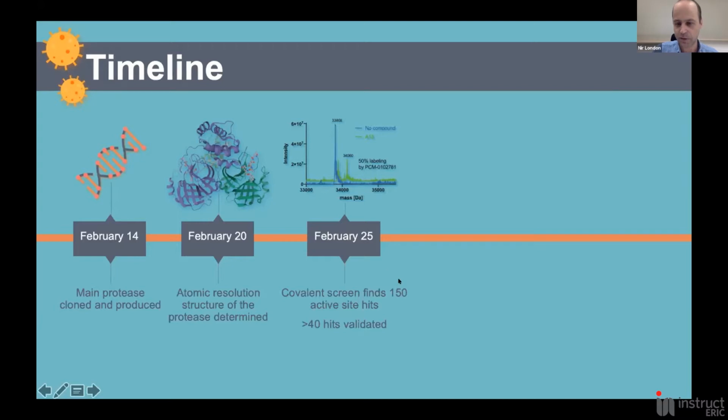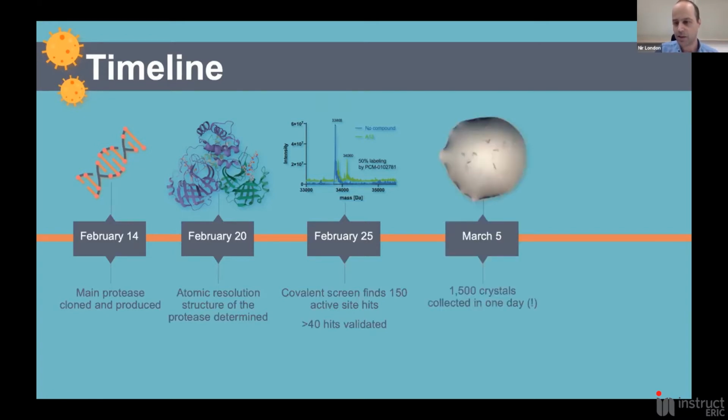About 150 of the 1,000 compounds showed labeling to the target cysteine, which means it's a very nucleophilic cysteine. We followed up on more than 40 hits, validating them by dose response. And since our library is mirrored by XChem at the Diamond Light Source, they could immediately soak or co-crystallize both our covalent hits as well as other non-covalent fragments.